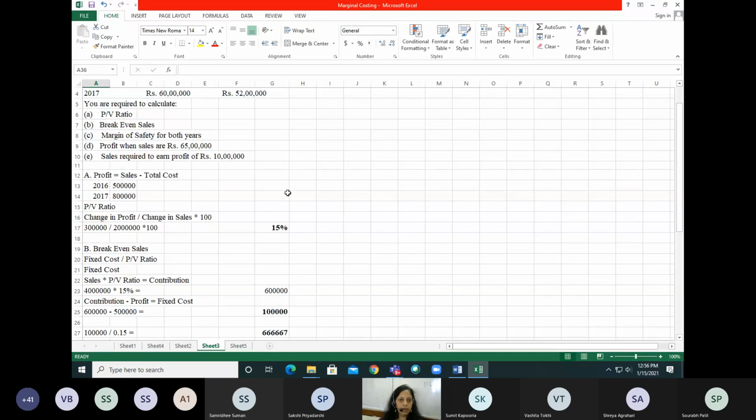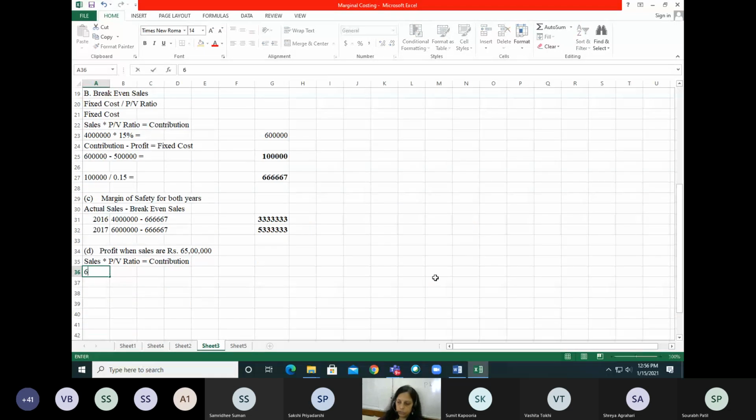Profit when sales are 65 lakh. So 65 lakh into PV ratio. PV ratio we have calculated as 15%. So what will be the contribution? 65 lakh into 15%. 9,750.